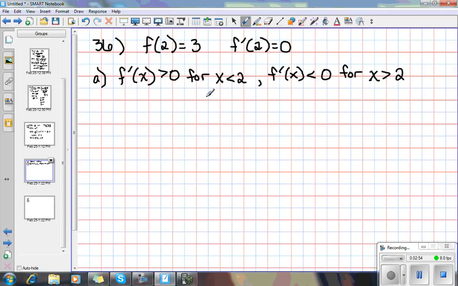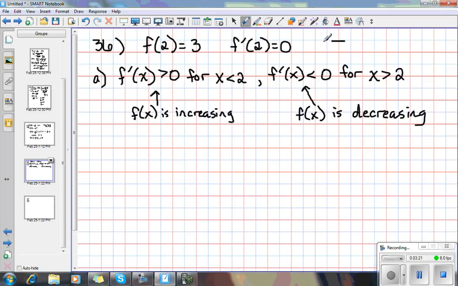Now we have a lot of information here. Remember when the derivative is positive, what does that mean about my function? That means f of x is increasing. And when the derivative is negative, remember this tells me that f of x is decreasing.